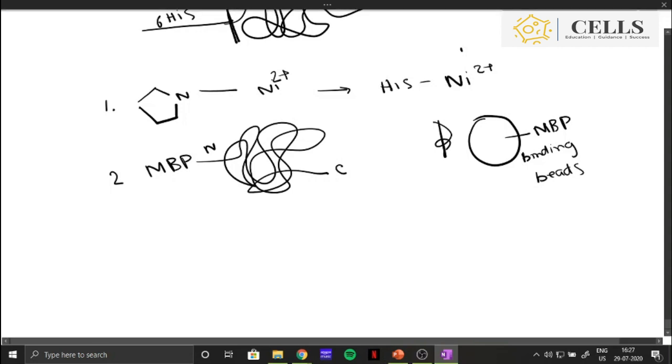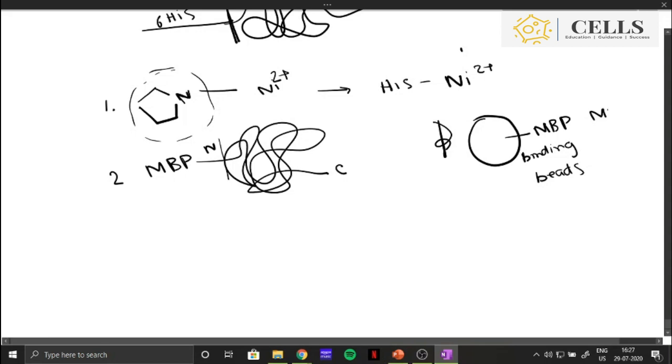This group is required to bind to nickel. Other amino acids that do not have this group do not bind to nickel. So if you want to use other amino acids, you have to add a protein. You can have MBP, or maltose binding protein, that binds to maltose binding beads.